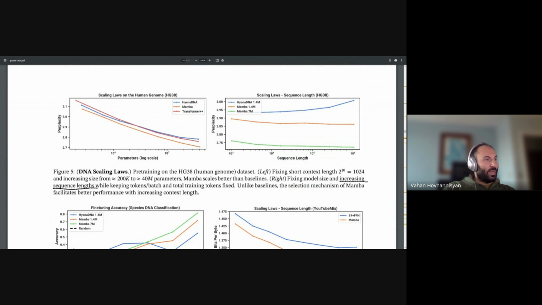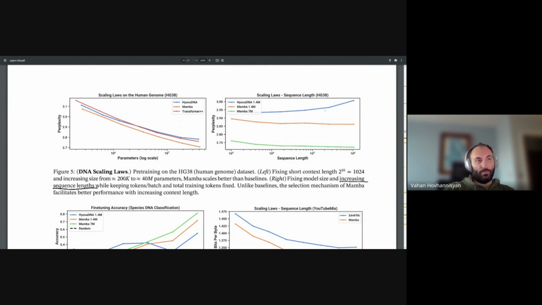on the left, I think we have the smaller context length, just 1,000. Mamba outperforms slightly, but when you get to massive sequence length, this is fixing model size and increasing sequence length while keeping tokens and total training fixed, right? You can see that Mamba basically only improves as sequence length gets larger, right?